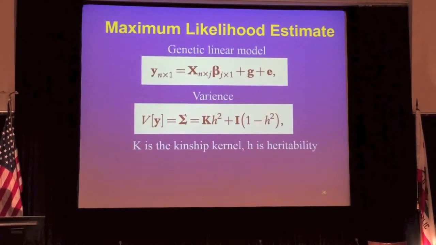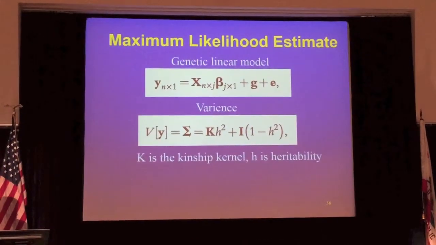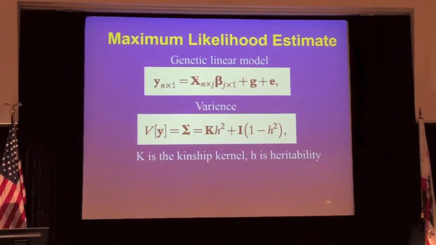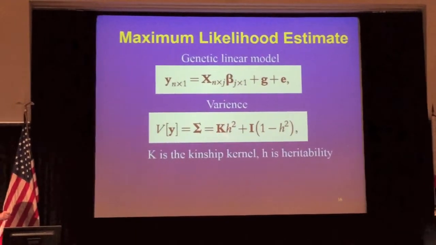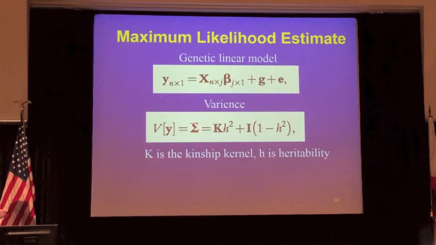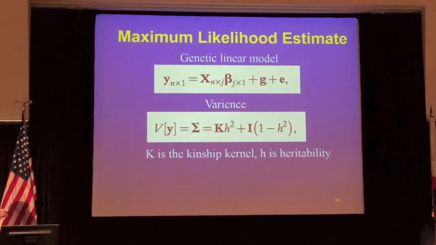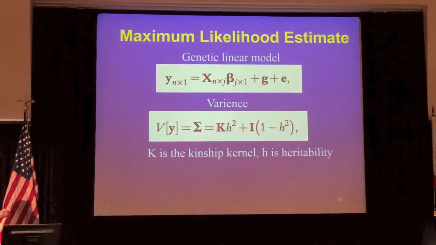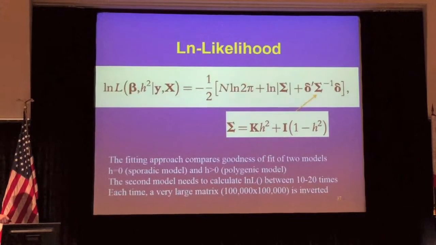And in the general linear model, which I call the genetic linear model, we have, again, this, and this is our variance, and K is the kinship kernel. You can see how this matrix sigma, this variance matrix sigma, is basically dependent on the heritability estimate between the kinship and unitary matrix.